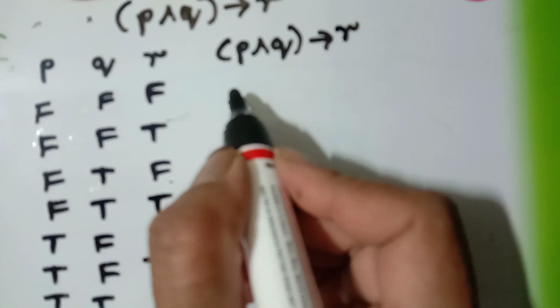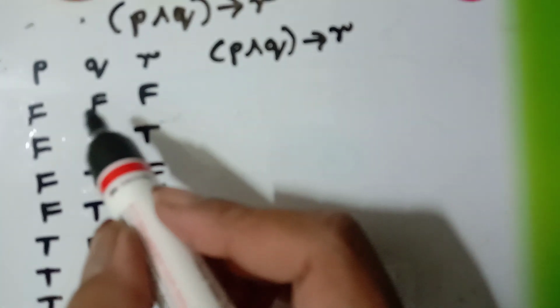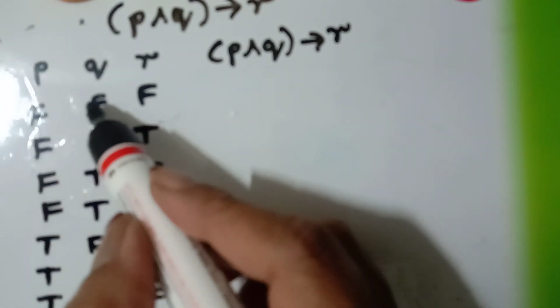So earlier we saw the steps for P and Q, and we also saw the steps for P implies Q. Okay, so now we have to combine everything. So P and Q, both F and F, so both false, so the outcome is false. False implies false, so the implied outcome is true.